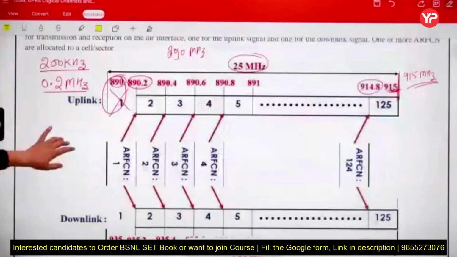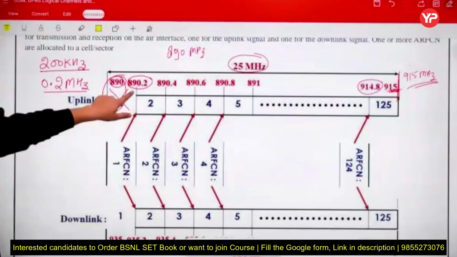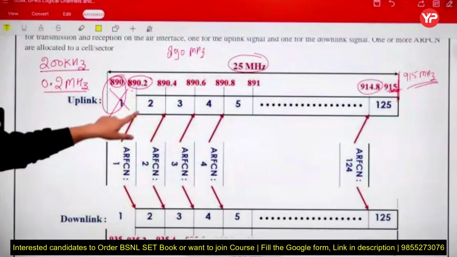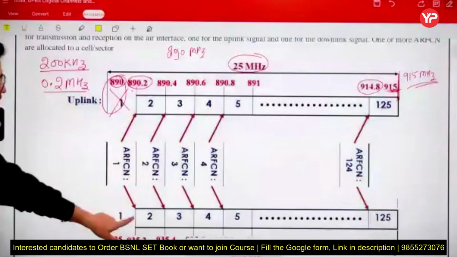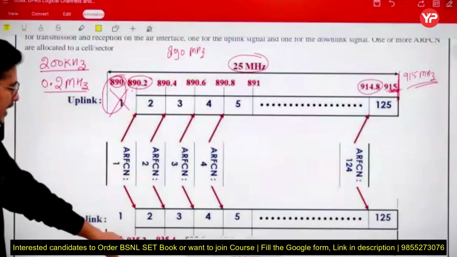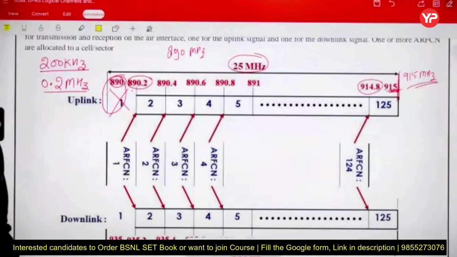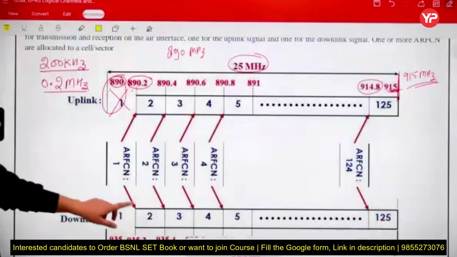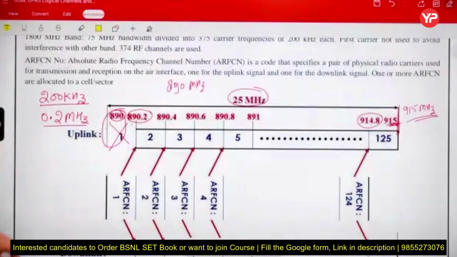See, if your first user is getting this uplink frequency of 890, at the same time your first user will get the downlink frequency, that will be 935.2, right? So this is the uplink frequency for that one, this is the downlink frequency for that one.